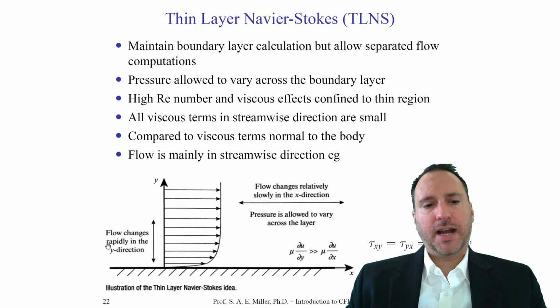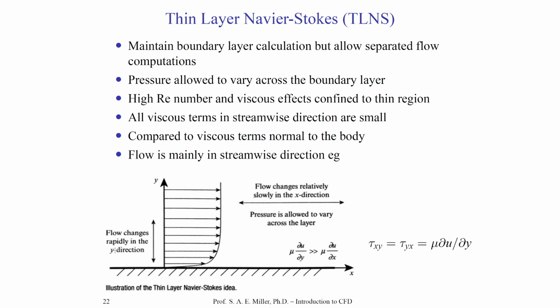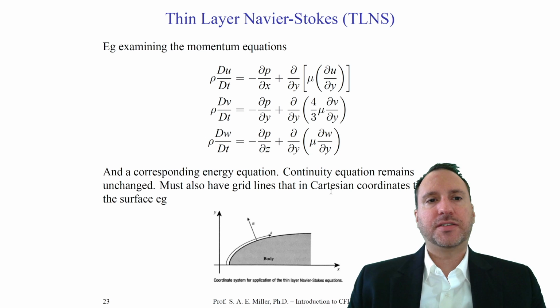Here's a particular diagram which shows the so-called thin layer Navier-Stokes equations. This is the boundary layer, and these are flow velocity vectors in the x direction plotted as a function of y. The viscous effects are reduced to the form in the lower right. Here are the equations themselves for the particular momentum. You can see that the right-hand side is greatly simplified. They're still compressible, three-dimensional, and unsteady.